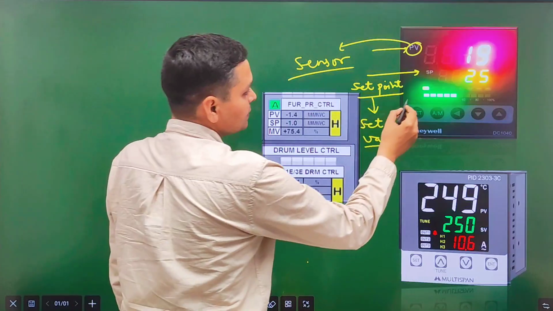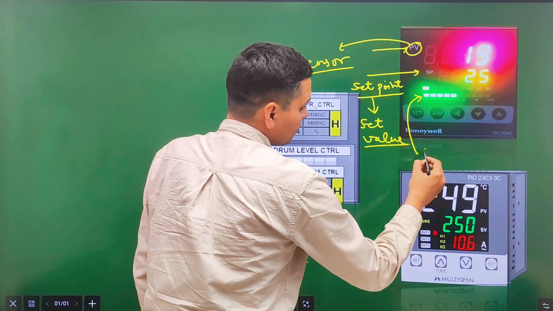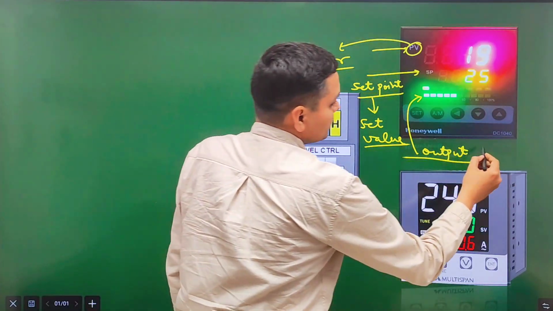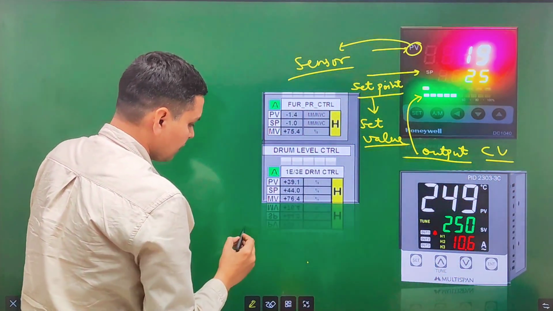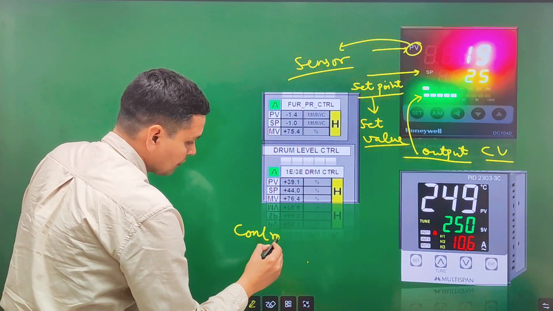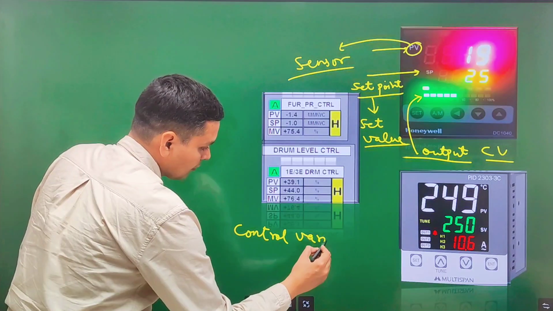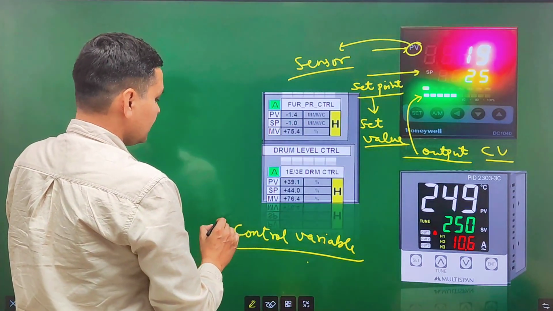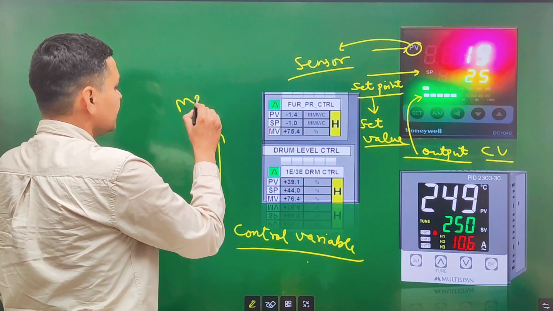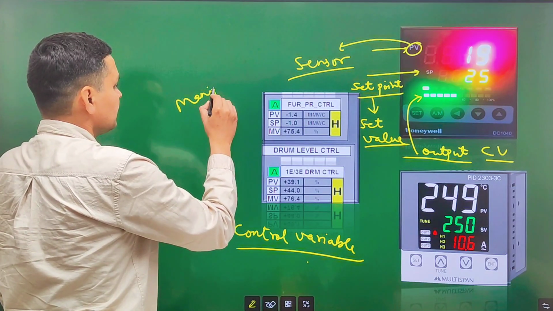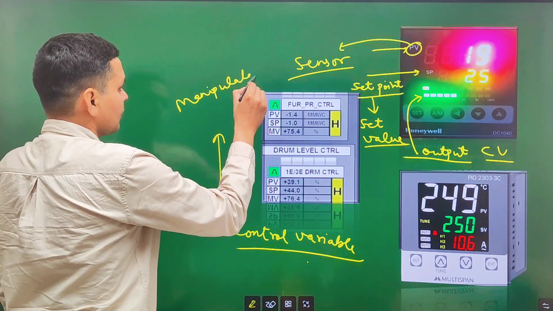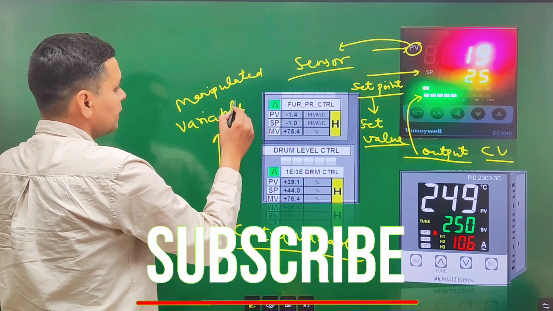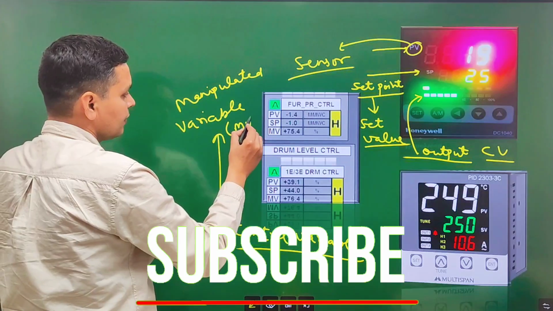Now the third one is this. It is the output, and it is CV. CV means control variable. Okay, control variable is also known as manipulated variable, and its short form is MV.